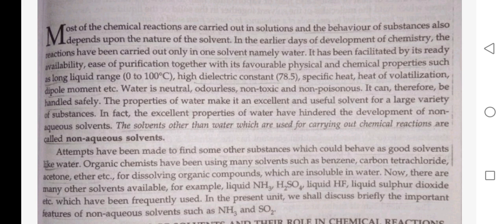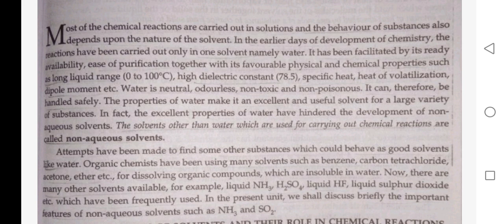This was facilitated by its ready availability, ease of purification, together with its favorable physical and chemical properties such as long liquid range 0 to 100 degrees Celsius, high dielectric constant 78.5, specific heat of vaporization, dipole moment, etc. Water is neutral, odorless, non-toxic and non-poisonous. It can therefore be handled safely.